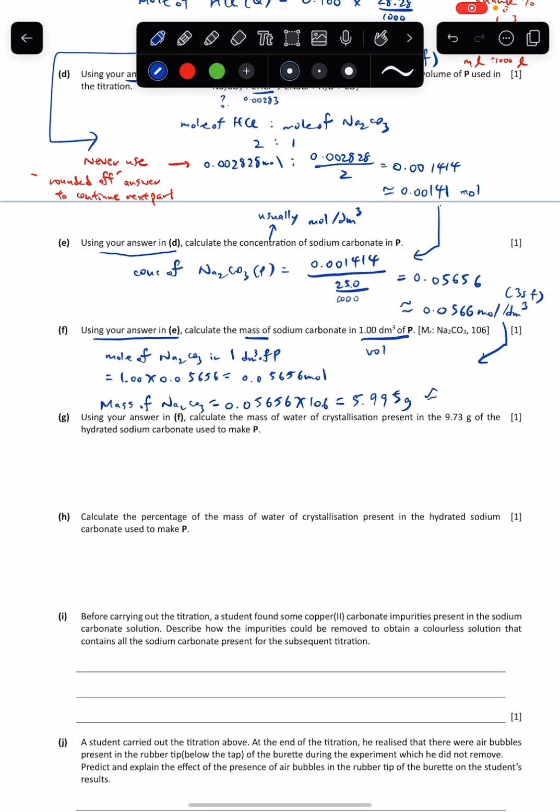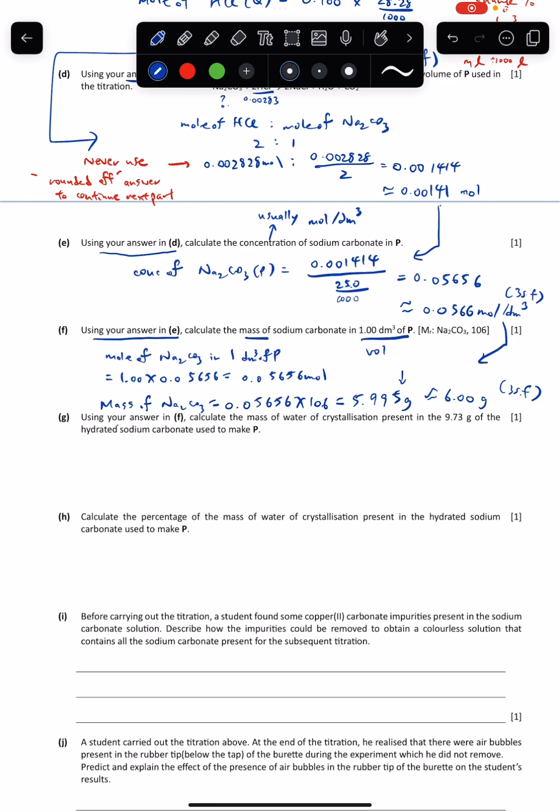Remember 3SF and units. Yay! Hey, when we say 3SF, it means that we look at the fourth number. So in this case, the fourth number is 5. Think about it, if you have 5, do we round up or round down? Round up. That's why it's 6.00.